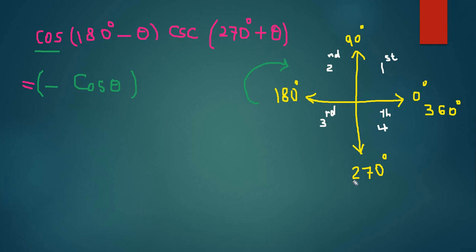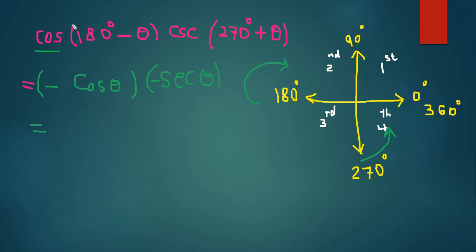Cosec of 270 plus theta: 270 plus, in the positive direction, anti-clockwise, lands in the fourth quadrant. Cosec in the fourth quadrant is negative. With 270, convert cosec to sec, so we get negative sec theta.